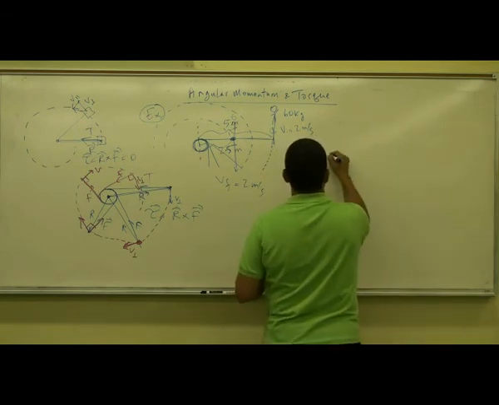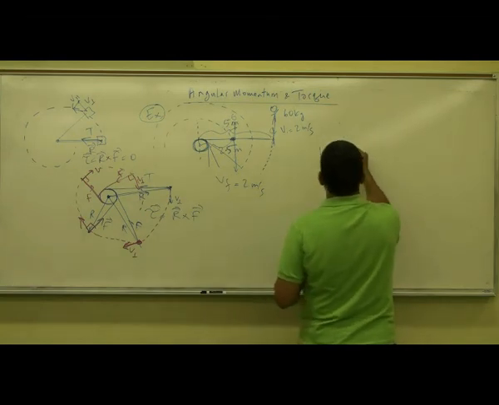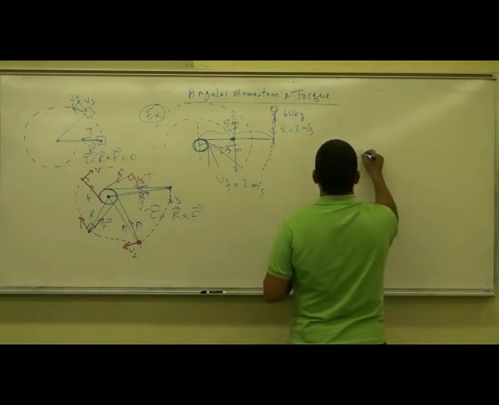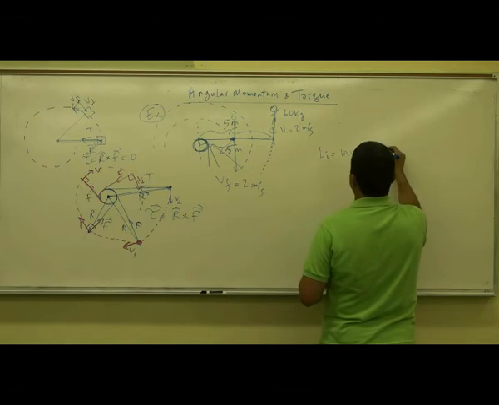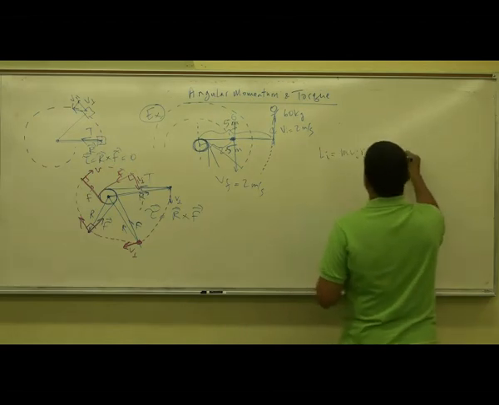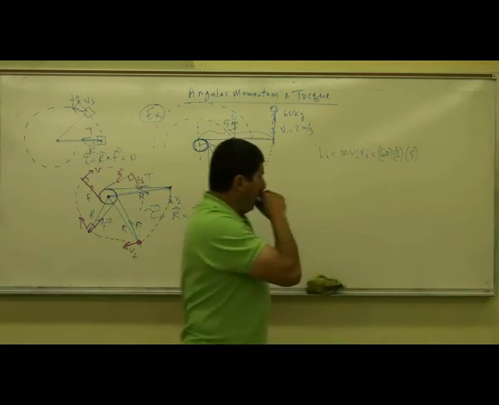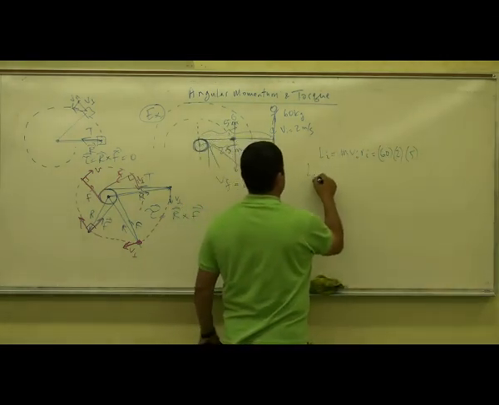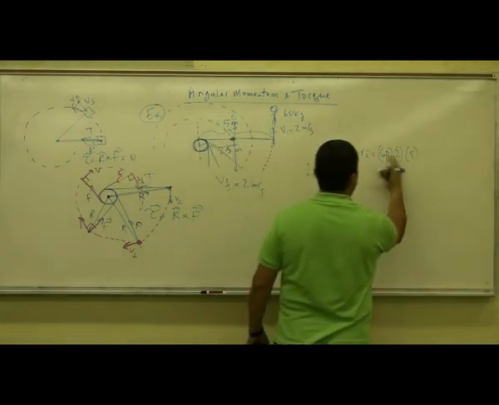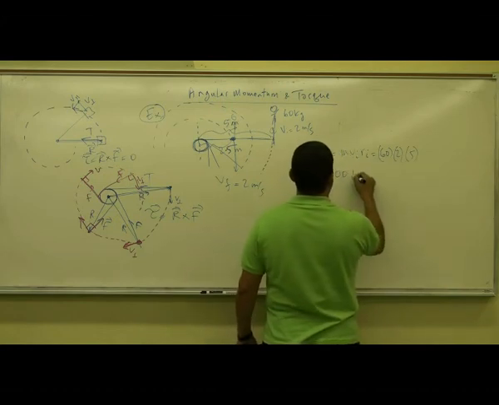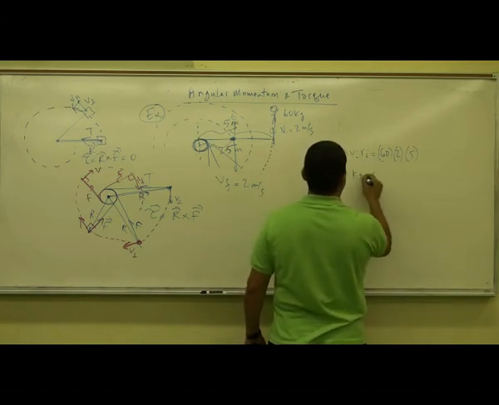L initial is equal to m v initial r initial. So 60 kilograms times 2 times 5. So the angular momentum initial is equal to 10 times 6 is 600 kilogram meters squared per second.